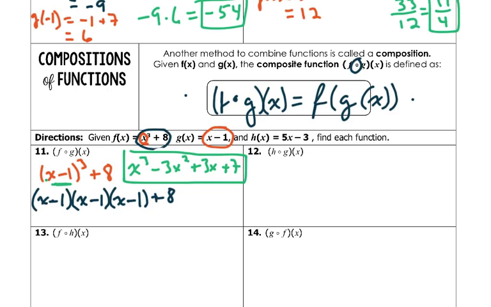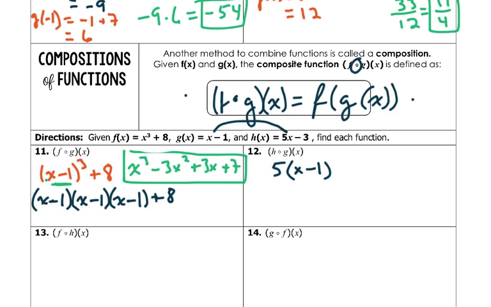All right, so for number 12, the first function that's given to us is h. So we're looking at this function right here above it, 5x minus 3. Wherever we see x, we're going to plug in x minus 1, which is g of x over here. So h of x is 5x minus 3, so this will be 5 times, now instead of x, we're plugging in g of x, so it's going to be x minus 1.